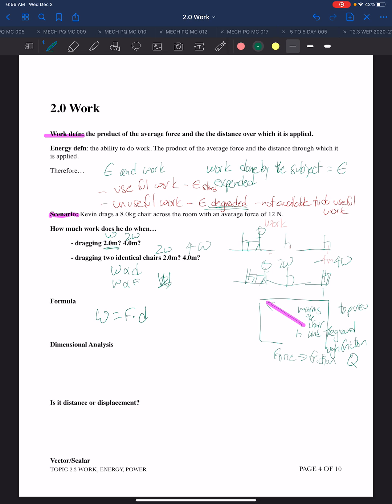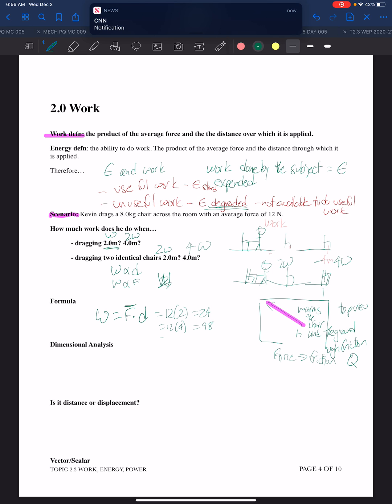So we have our formula: work equals the average force times the distance. Now, if we were to calculate those numbers, it's a simple matter to plug in. We have an average force of 12 newtons and a distance of 2 meters, so that's 24. And when it was times a distance of 4, that gives us 48.